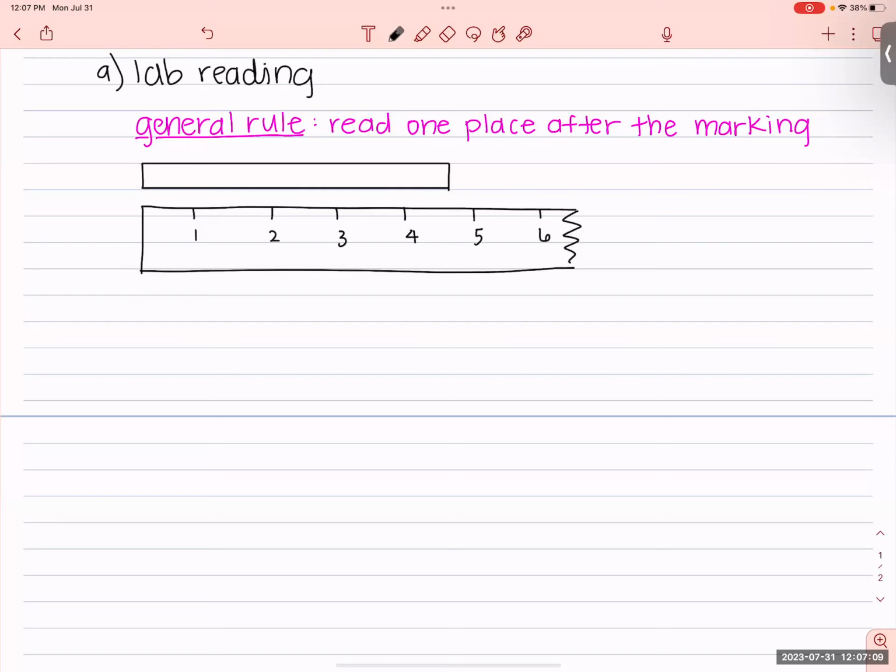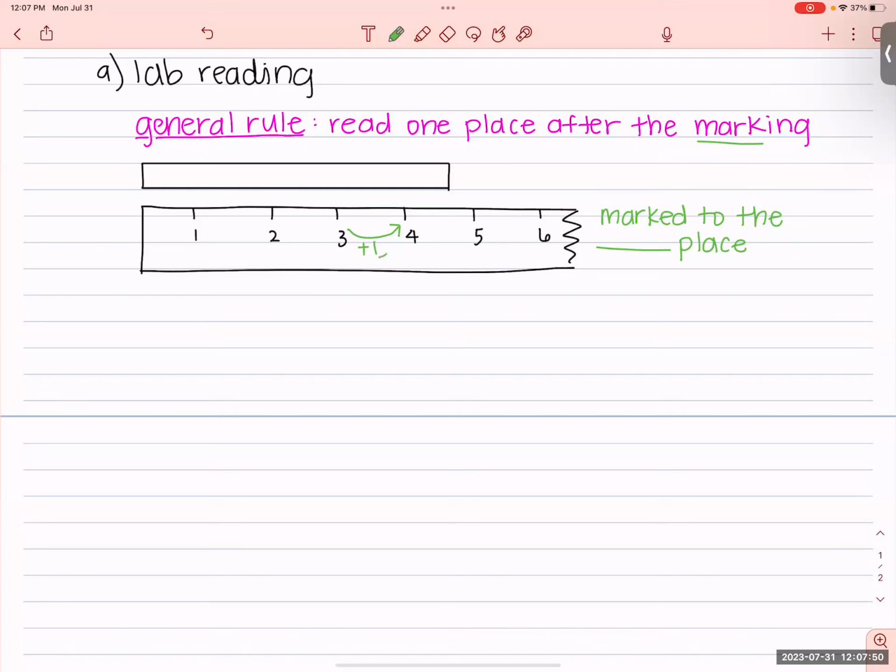We'll put in a 6 here. So let's look at which place it's marked to and which place we're going to read it then. So the marked place, it has markings at a place. And we can think about asking yourself, well, how do I know where it's marked to? Well, every little tick mark is going to be adding or subtracting something. So as I go from 3 to 4, I'm adding 1.